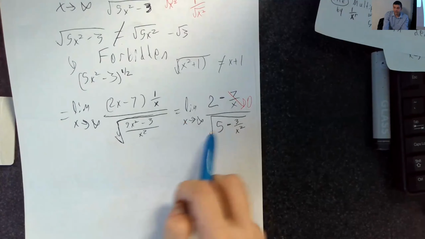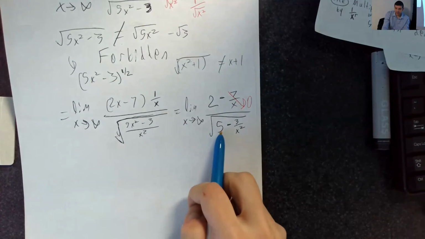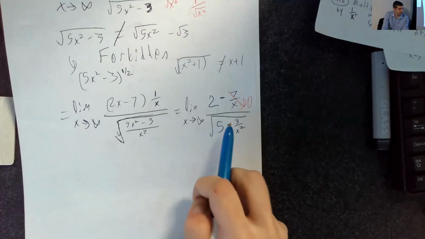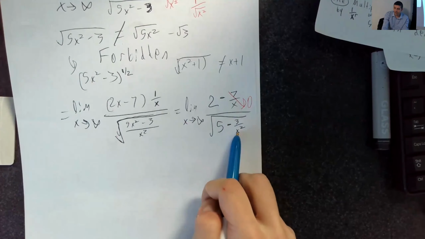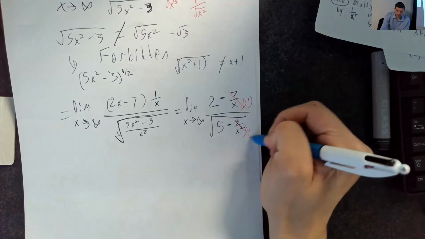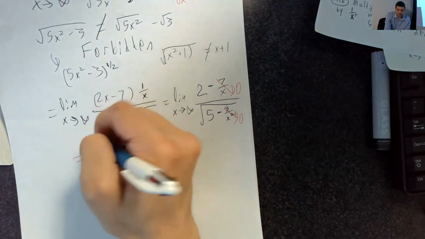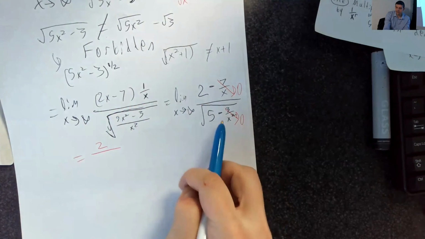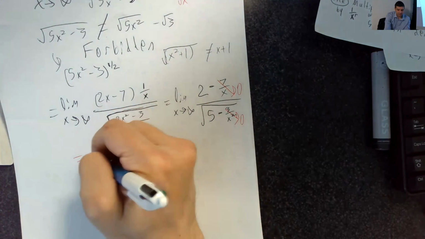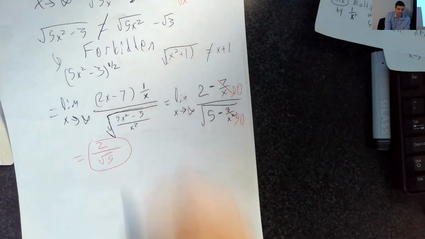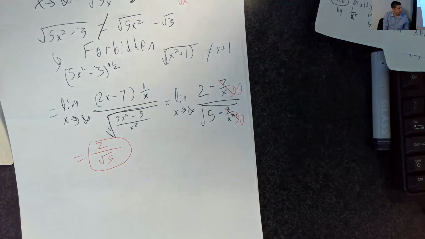Yeah, 5 or the whole thing. Limit of 5 is 5, but the whole thing would be with the radical, yeah. What about 3 over x squared? Limit of that is 0. Right, so what am I left with? I have 2 in the numerator and the denominator, radical 5. Radical 5, yeah.